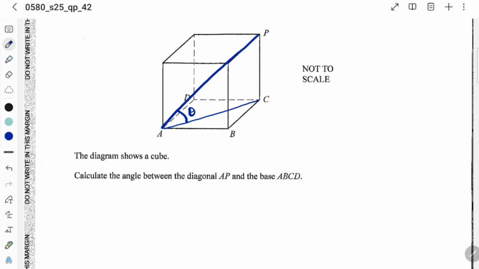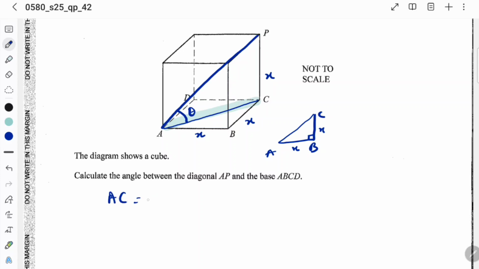So let's take x because it's a cube. All the sides are the same. Okay, all the sides, your base and your height, length, width, every value I took as x. So first we'll have to calculate the side AC. For side AC, A to B to C, it's a square, so x and x, and its hypotenuse.